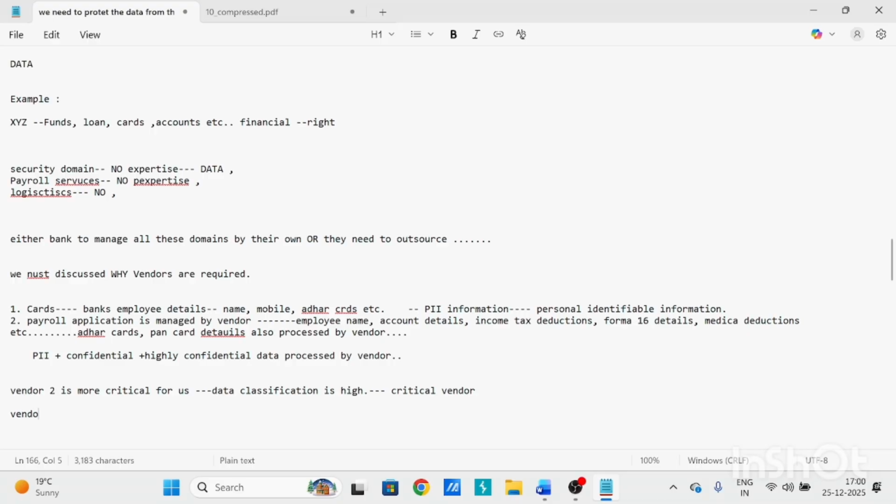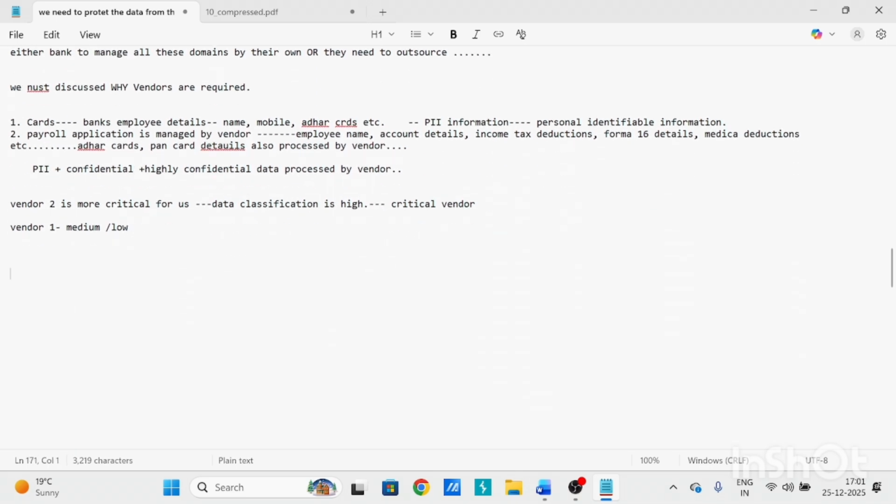And vendor number one, since they are only consuming PII data, we can consider as a medium or low vendor. Also, if something goes wrong at vendor number two, the impact is high. So we also need to ensure the vendor's business continuity.